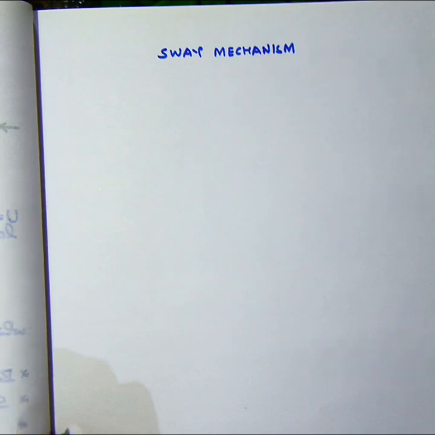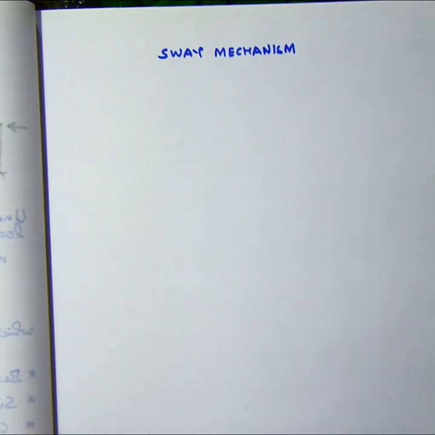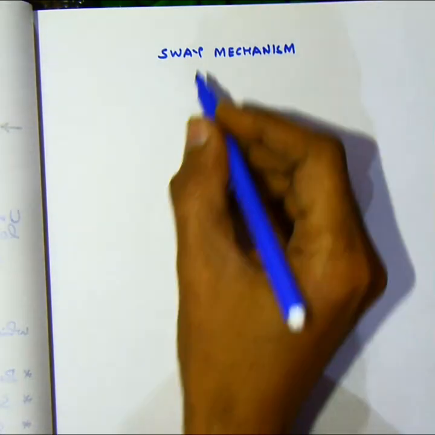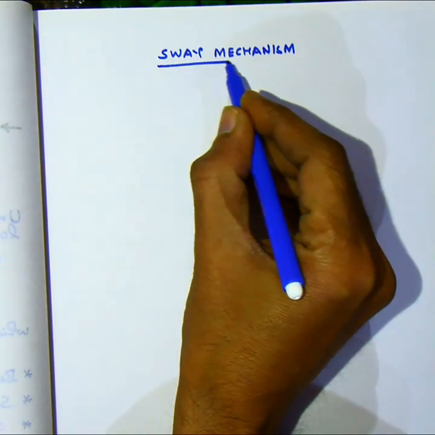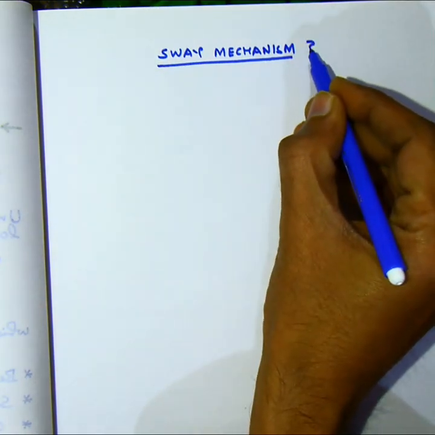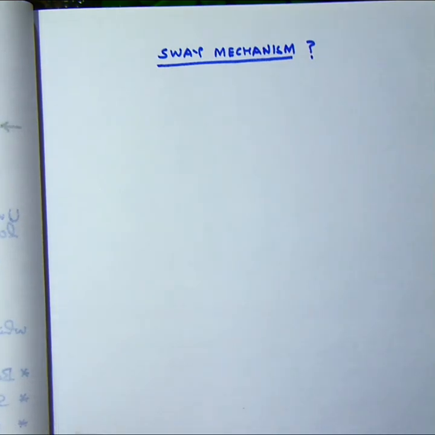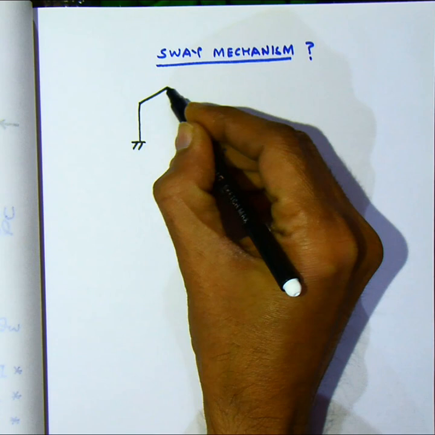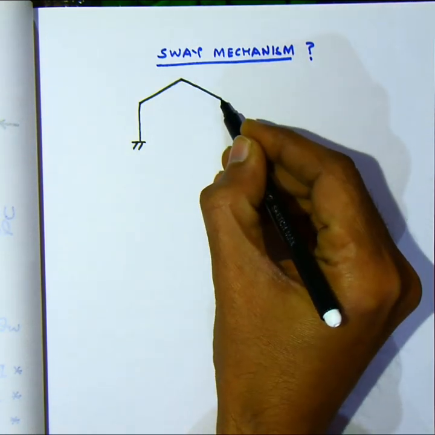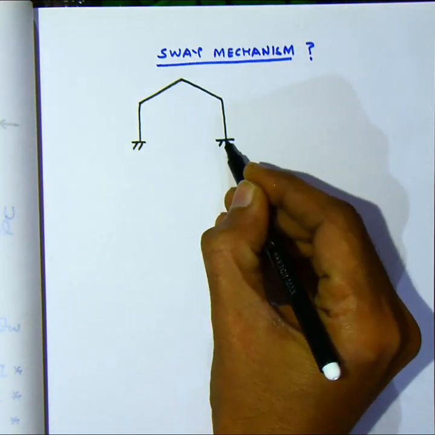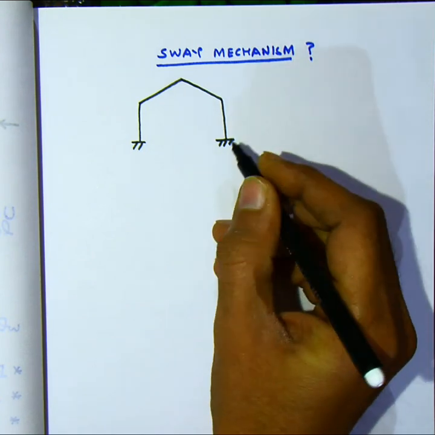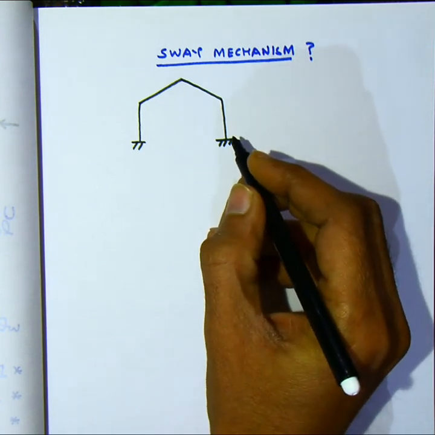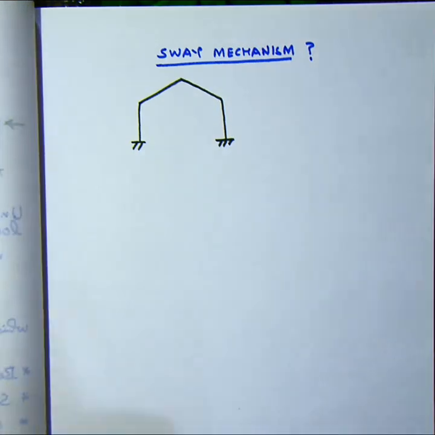For the sway mechanism you can just apply the horizontal load first, and then we can apply both the horizontal and the vertical loads together. So I hope you have now drawn the sway mechanism in your own notebooks, and now let's compare here.